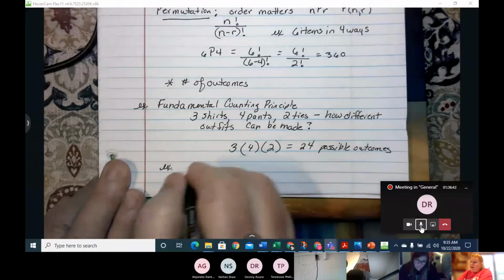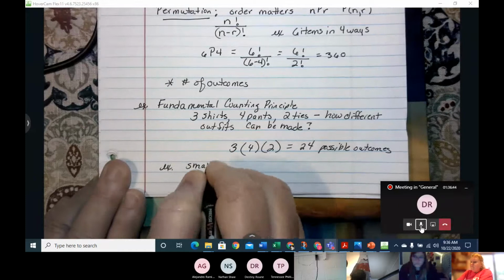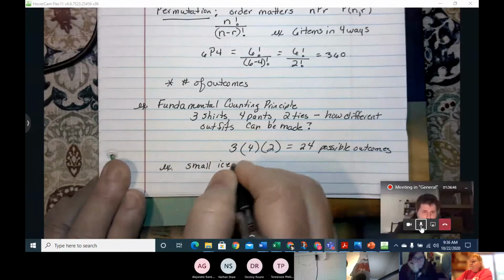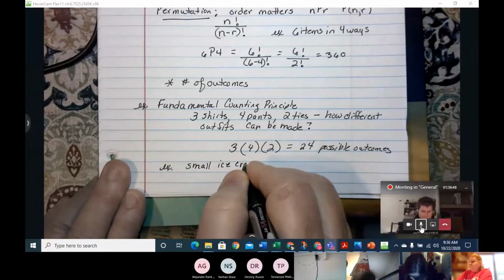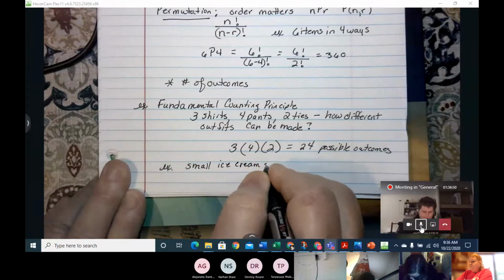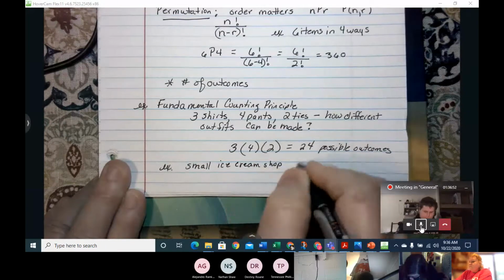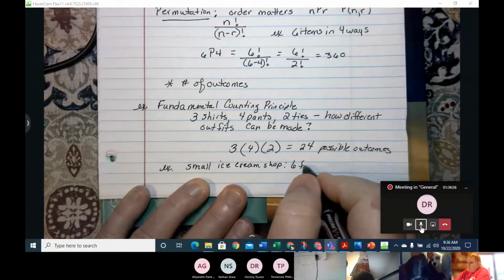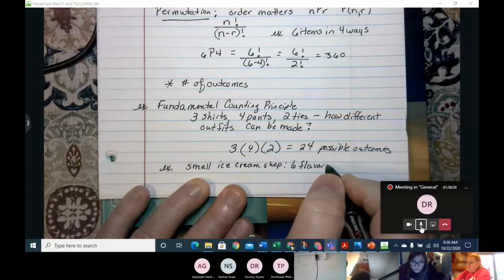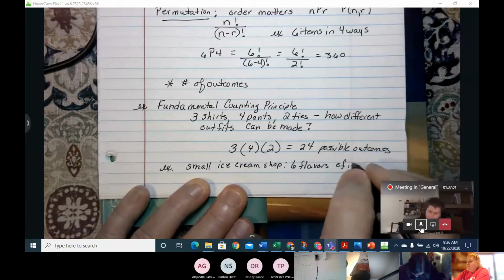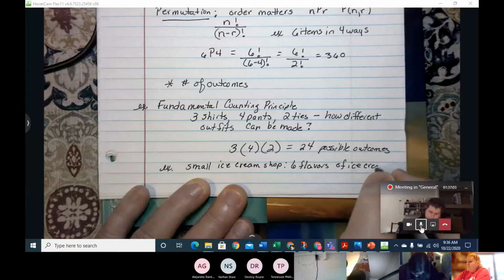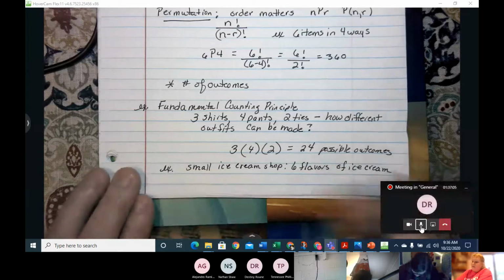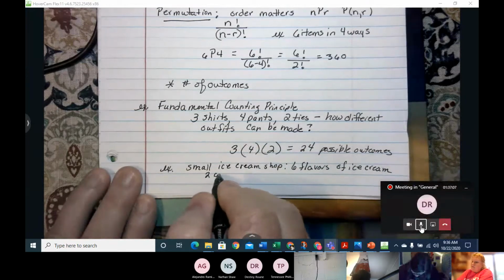If we had a small ice cream shop, they had 6 flavors of ice cream. They had 2 cone types.